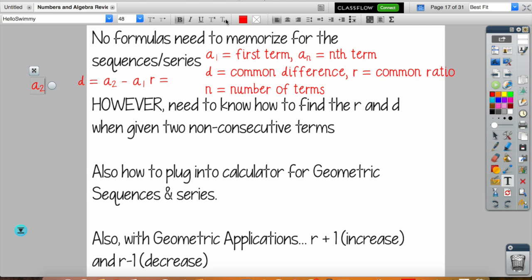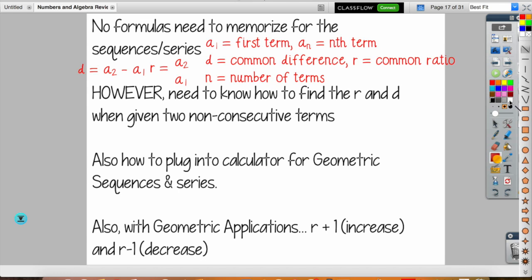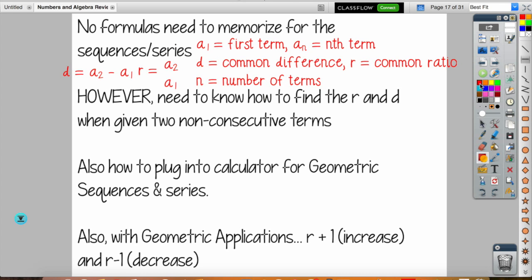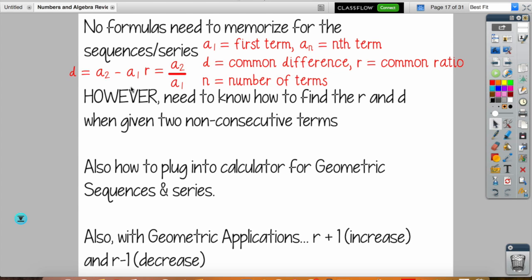And not just with the second term and the first term. If there's a third term and a fourth term, you want to show the entire process of taking every term that's in the sequence to show that something is arithmetic or geometric.